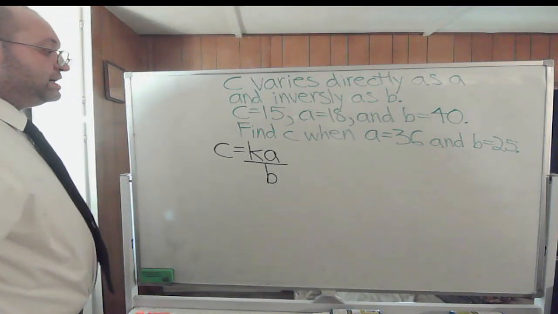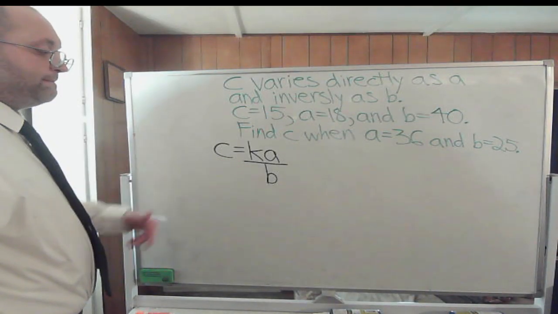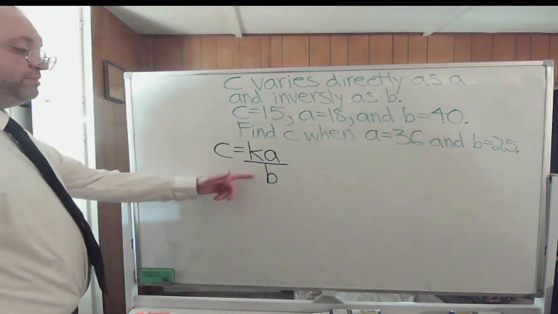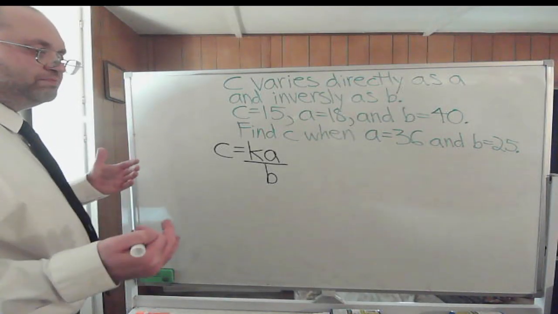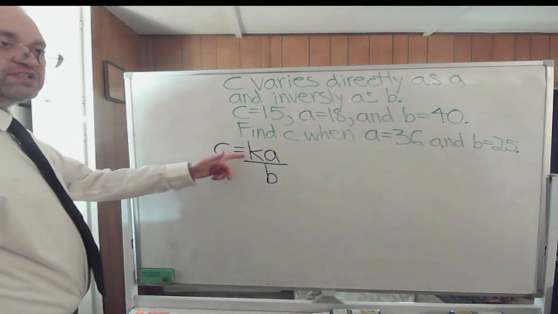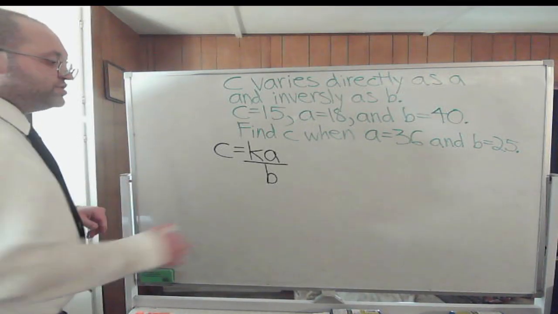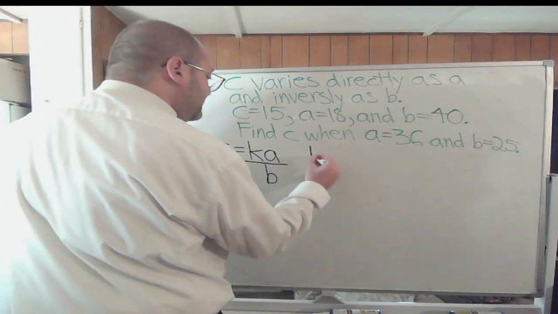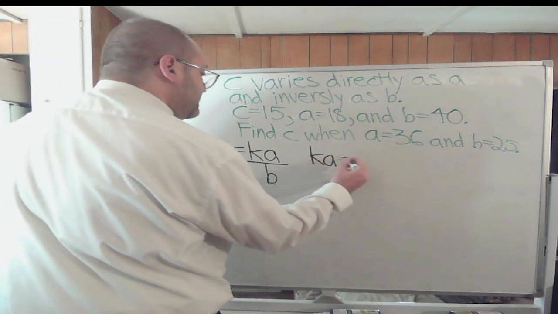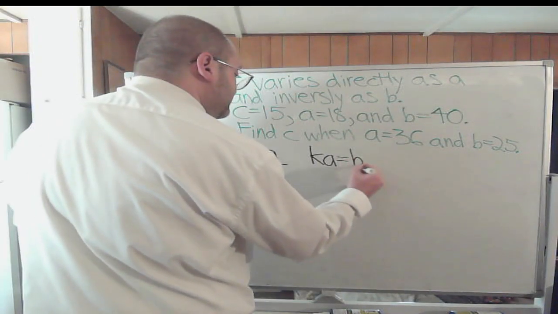So you got your initial equation of C equals Ka over B. Well, the ultimate goal is to get that K by itself to solve for the constant of variation, is it not? First thing I would do is multiply both sides by B. If you do that, you get the Ka by itself. That'll be equal to BC.